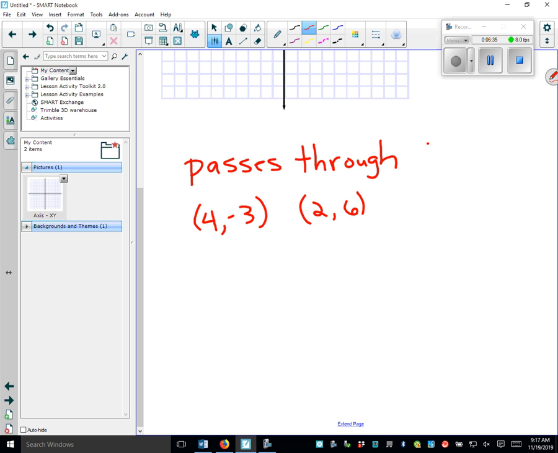What am I missing to use point slope? The slope. What is the slope? Y2 minus y1, which is 6 plus 3, over 2 minus 4, which is 9 over negative 2.